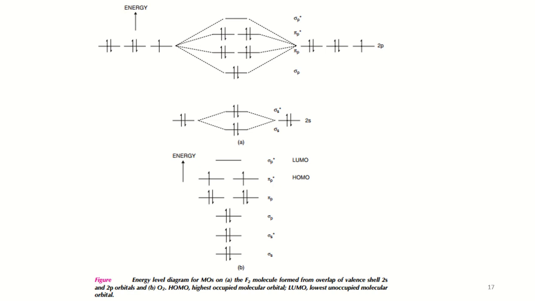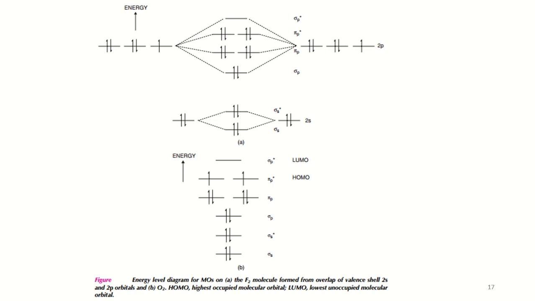The sigma s and sigma star s orbitals are of lowest energy and would be occupied first by electrons. Next come the sigma p and pi p bonding orbitals, followed by their respective anti-bonding orbitals. The pi orbitals are doubly degenerate since the two sets of orbitals formed by the interaction of px and py atomic orbitals have the same energies.